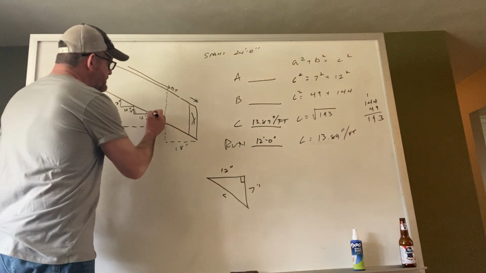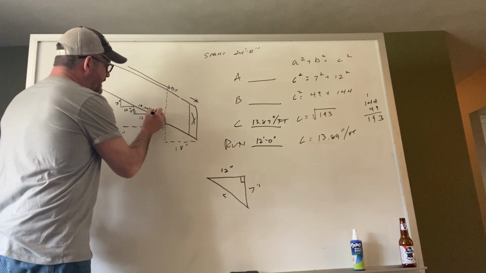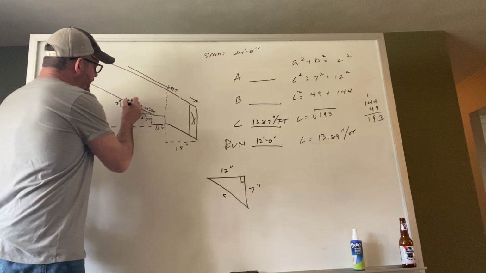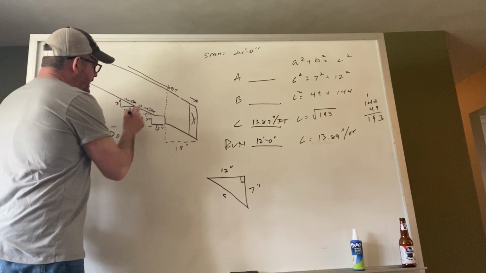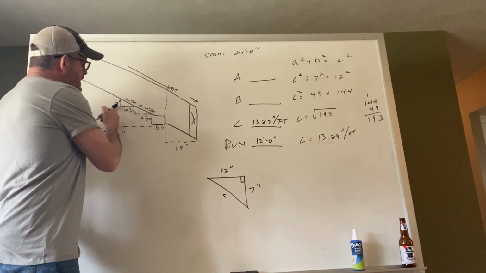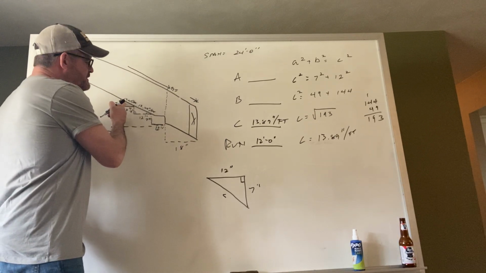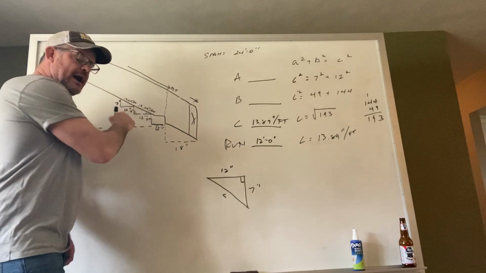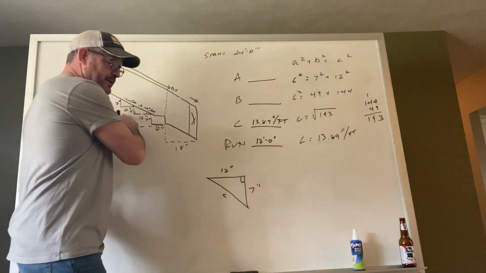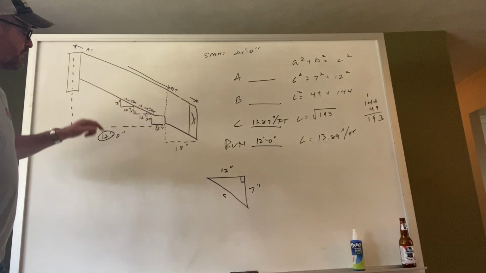I've solved for that dimension right there, 13.89 inches per foot. So I've got a 12-inch bottom leg on my unit triangle, a 7-inch vertical leg on my unit triangle, and a 13.89 inch per foot hypotenuse on my unit triangle. Hopefully it's making sense to you as we go through this.